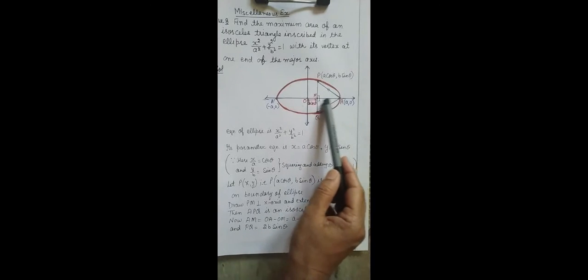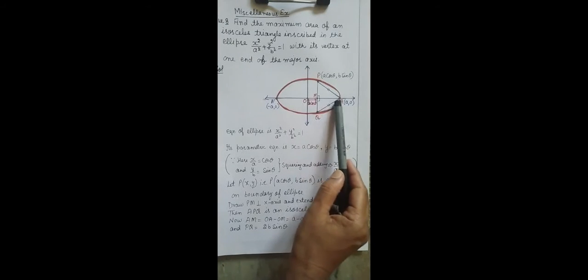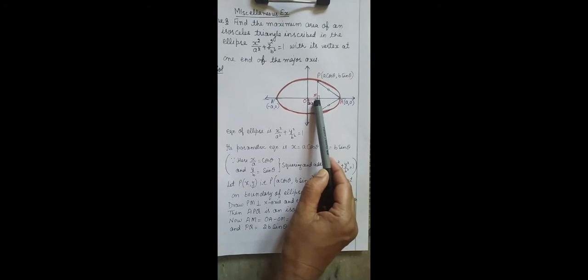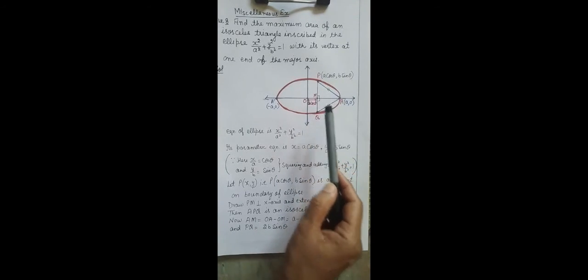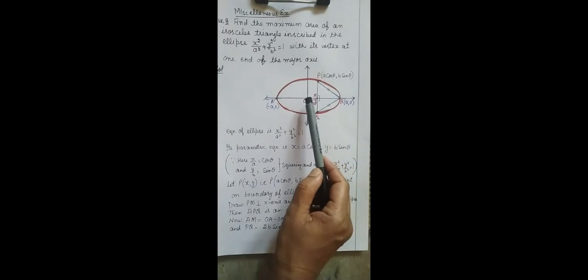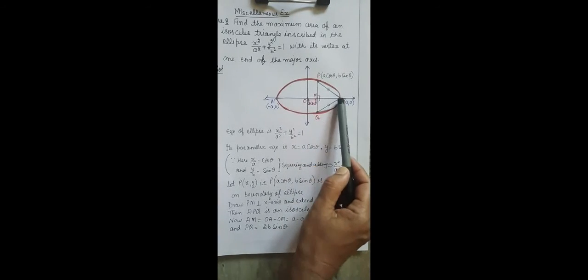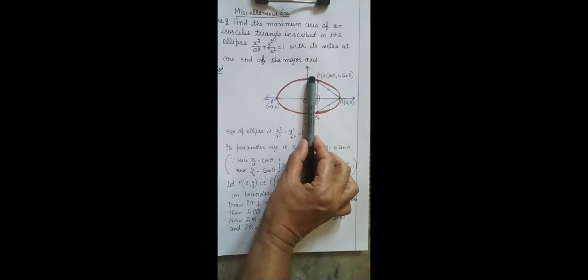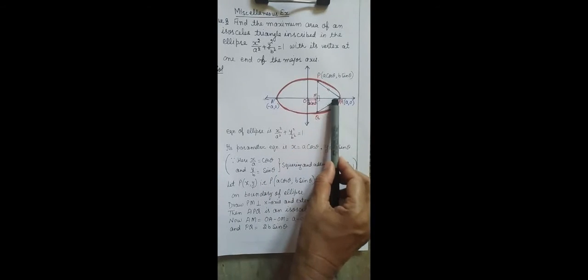Now what is AM from the diagram? AM is actually OA minus OM. Once again look at it. AM will be equal to OA minus OM. Now what is the value of OA?